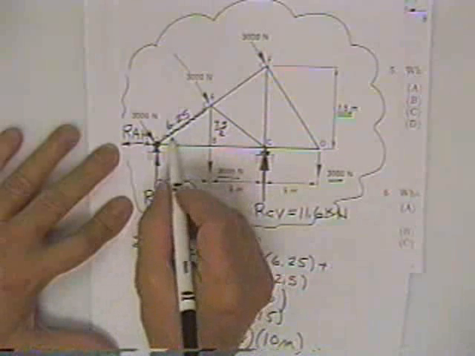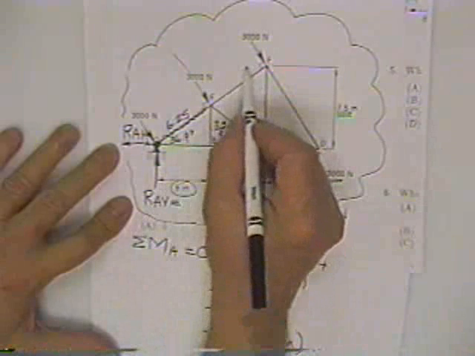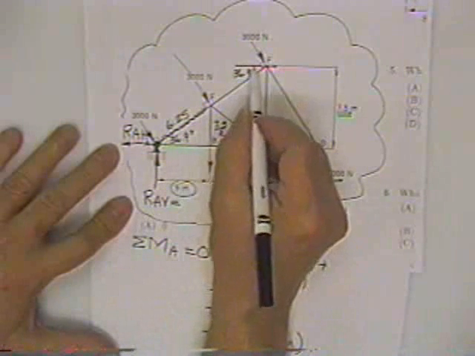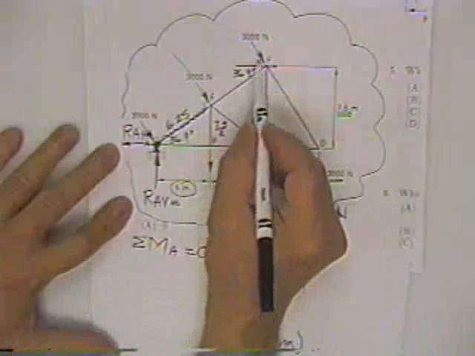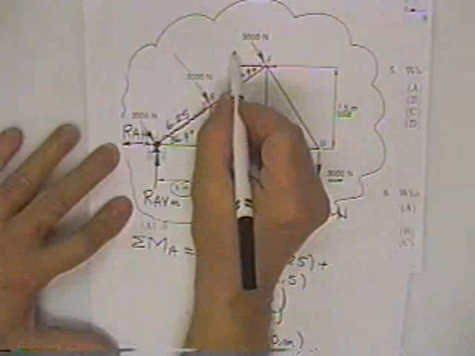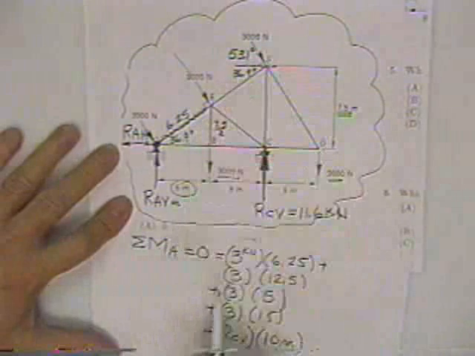How many degrees? 36.9. So that's 36.9 degrees. So this is 36.9 degrees in there, and this is 90, so what is 90 minus 36.9? 53.1. 53.1 degrees in there.